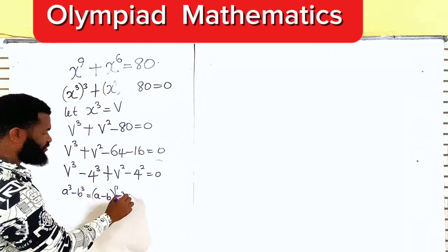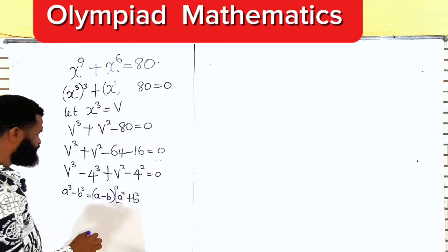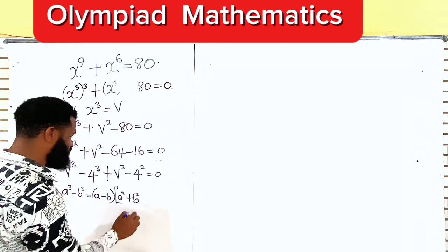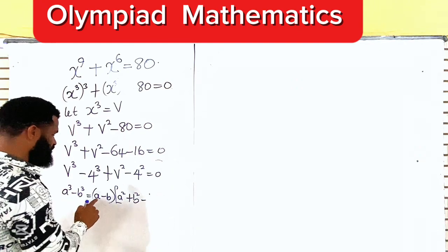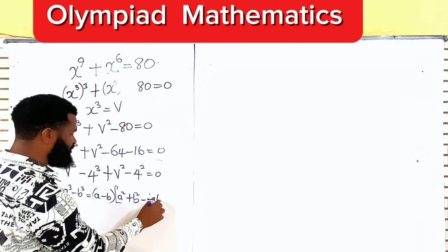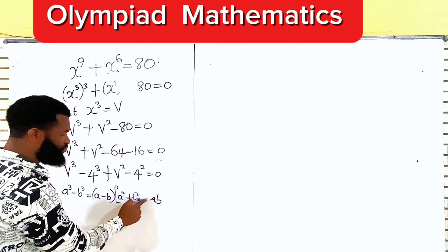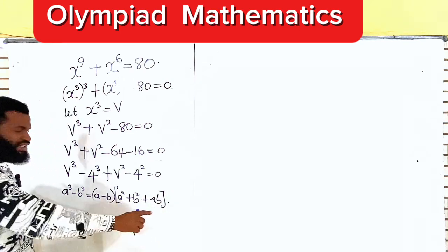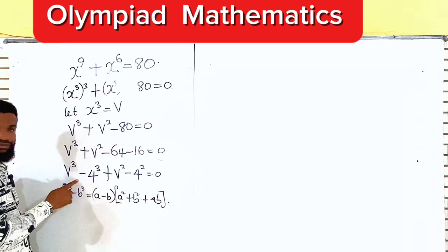Square the second one, I'm going to have b squared. Then you now say minus a times minus b, which is minus ab. So the two of them are going to join to become plus ab. So this is the factorization of cubes.